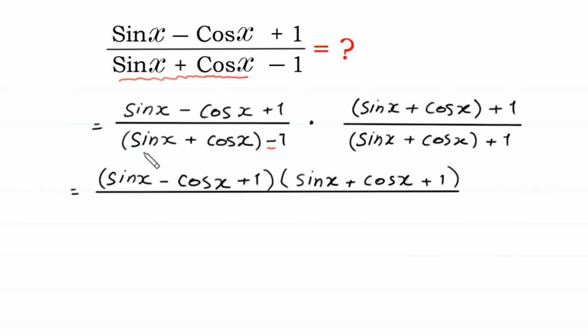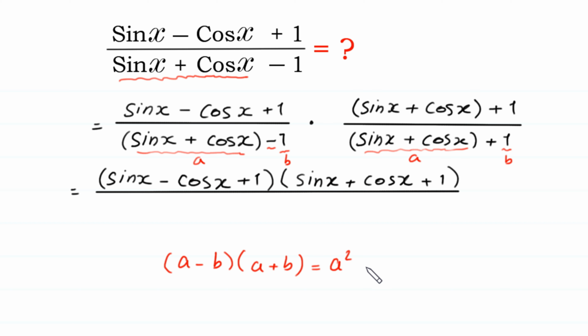We consider this expression sin of x plus cos of x as a and this term 1 as b, and we consider this sin of x plus cos of x as a and this one as b. And according to algebraic identity, a minus b times a plus b is equal to a square minus b square.